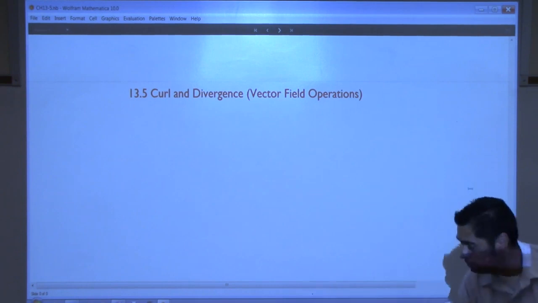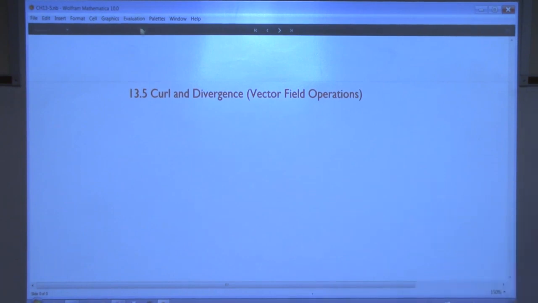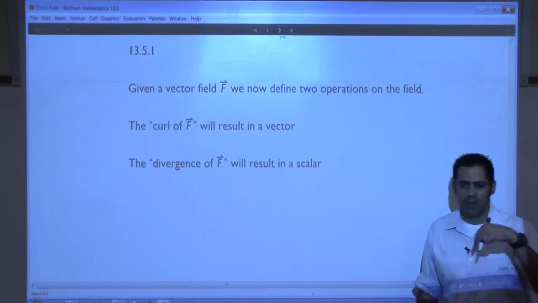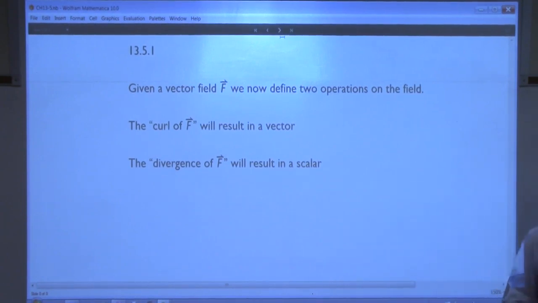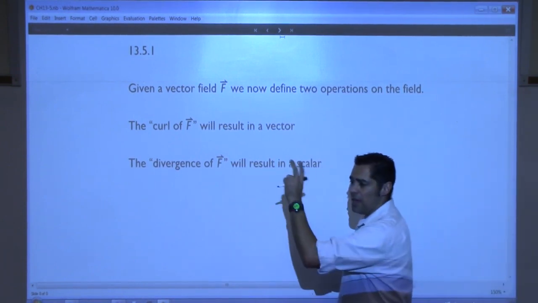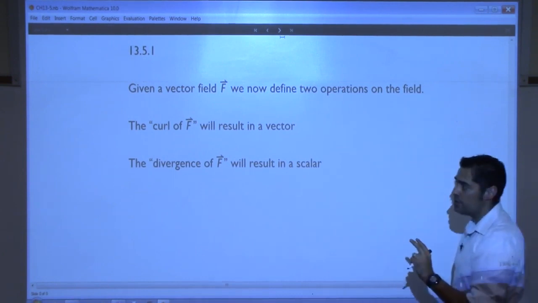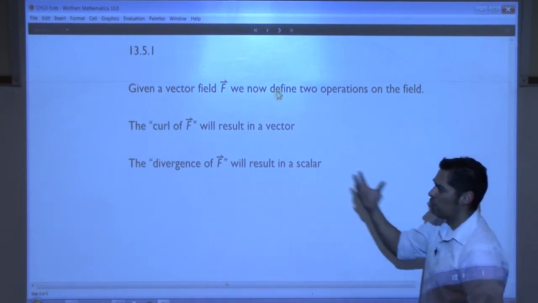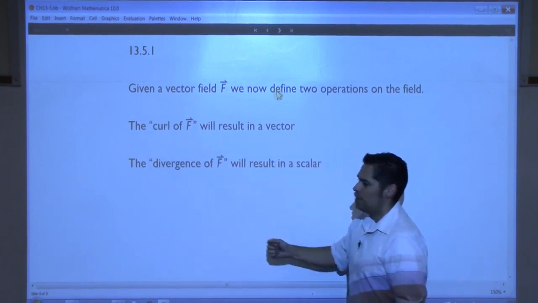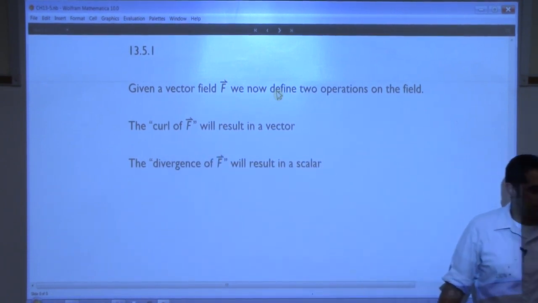So let's talk about curl. The first thing is to understand that we are defining in this section two operations on vector fields. So if someone hands you a vector field, we have these two things called curl and divergence. When we take the curl of a vector field, the answer is a vector.